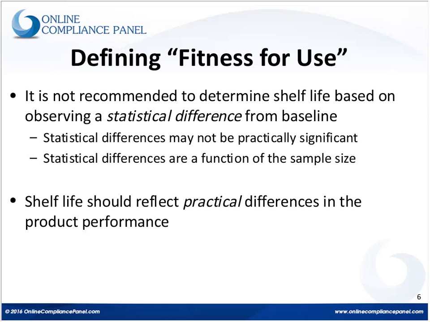Let me just caution you, some people will think about coming up with a shelf life criteria based on observing a statistical difference from a baseline value. So right after production, they'll take some measurements and then monitor until there's a statistical difference from what they initially produced. Now there are a lot of times where we do look for statistical differences.